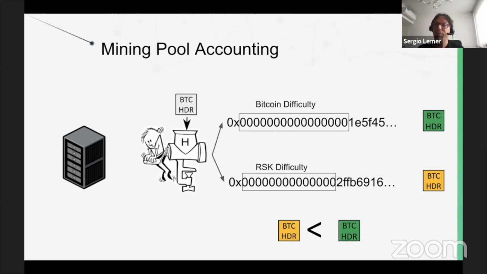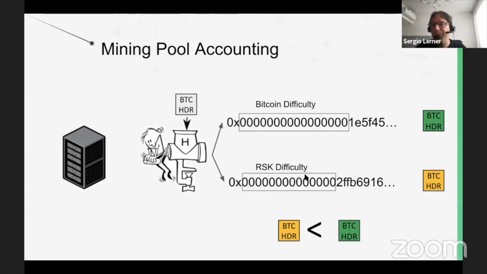And in that case, you have created a valid Rootstock block. If you create a valid Bitcoin block, it will also be a valid Rootstock block because its difficulty is higher than the Rootstock difficulty. So the same process you use to mine one Bitcoin block, you use to mine the Rootstock block.